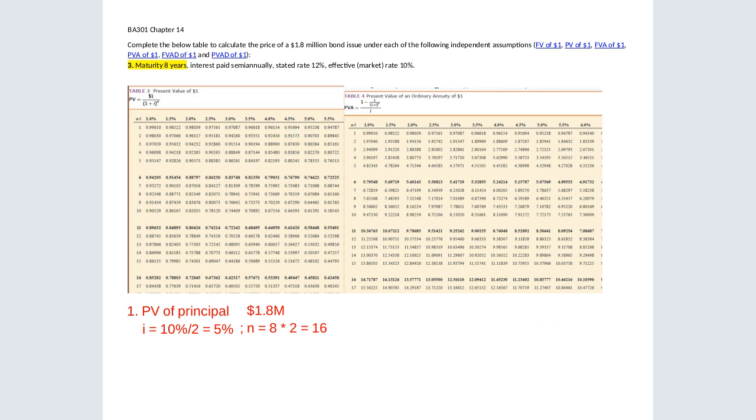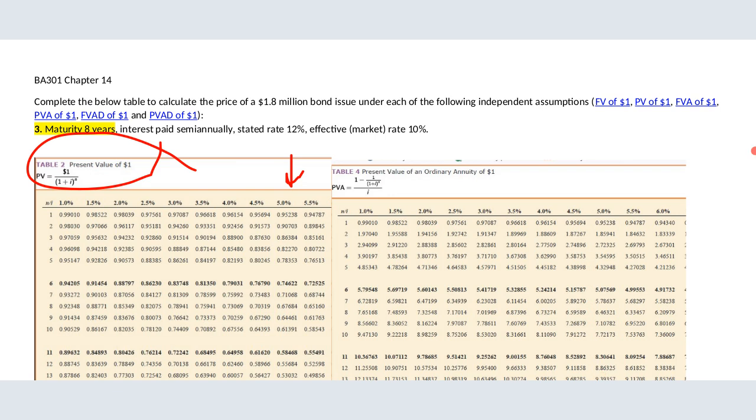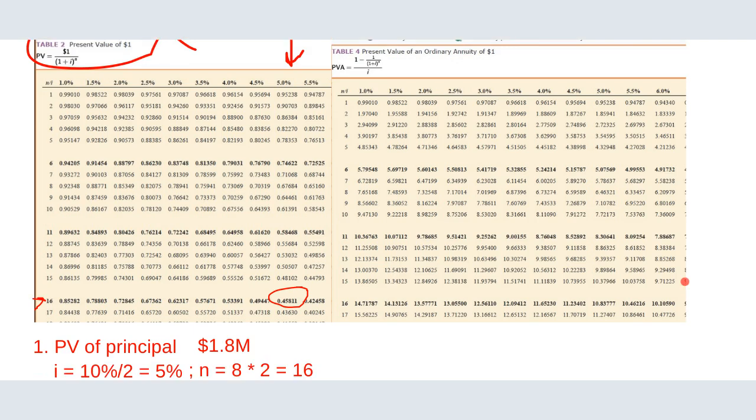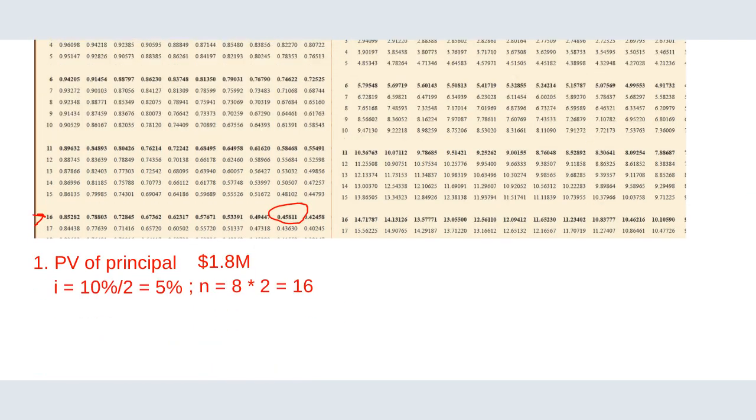So we can go to our present value of one table, look under the 5%. I should make it bigger. All right, and then we want n equals 16, so I go to row 16. Row 16 is right here, and so my present value factor is 0.45811.